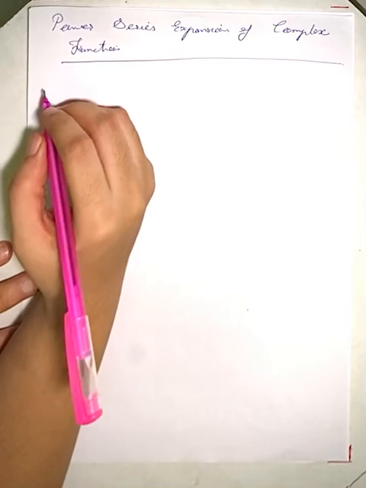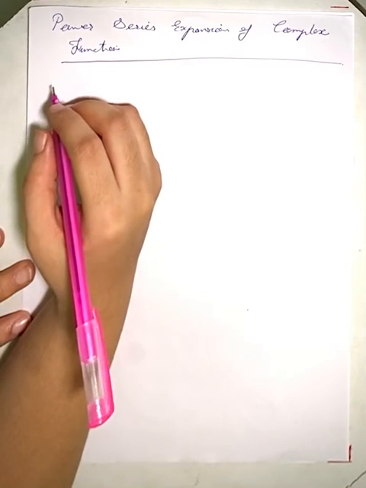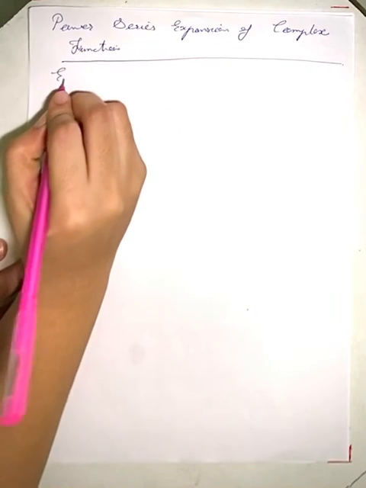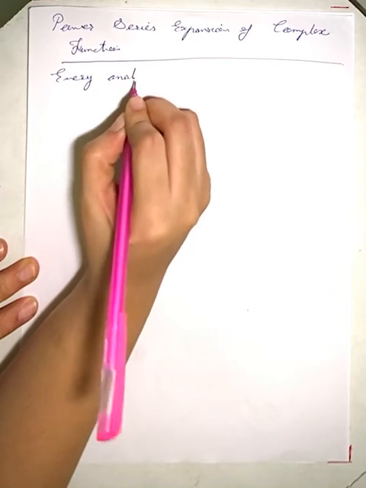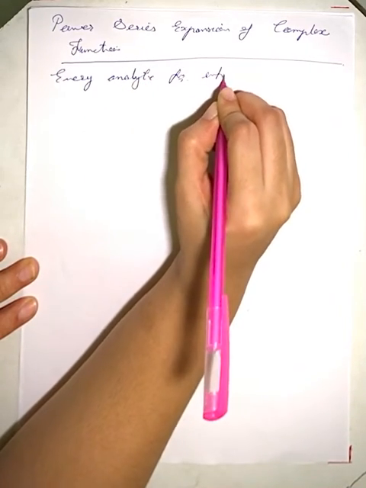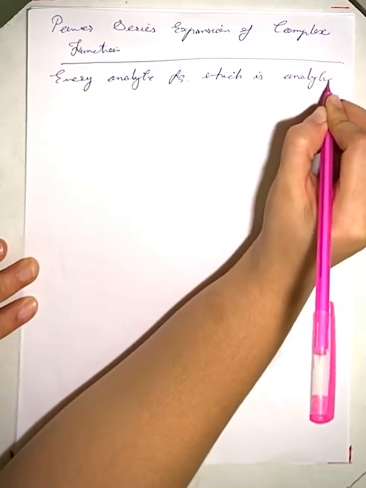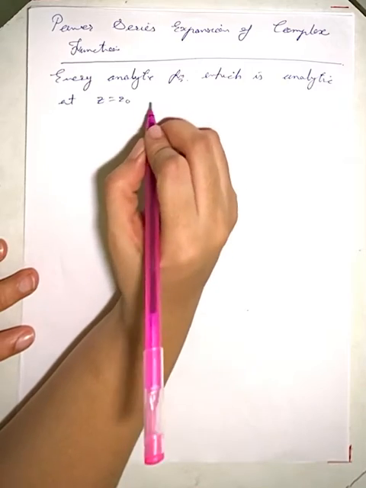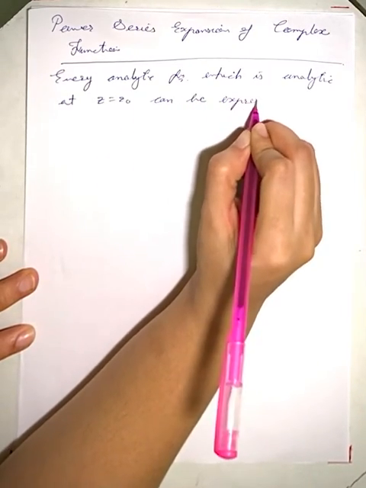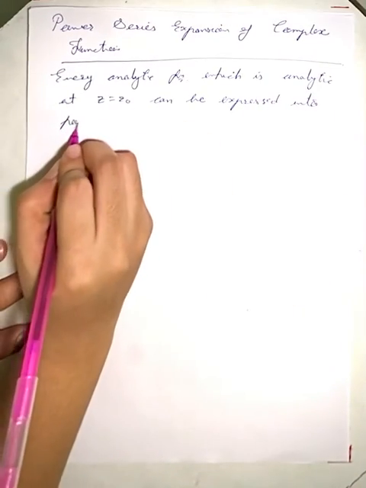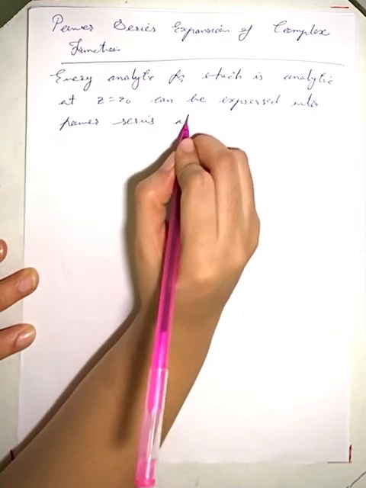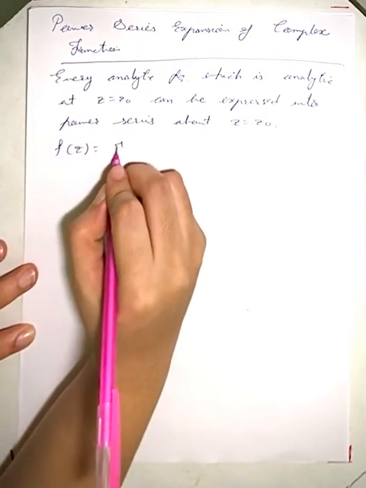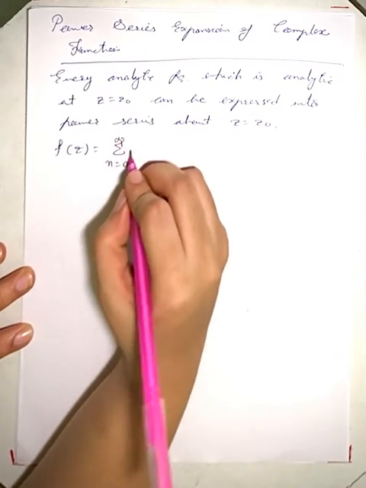So the definition of the power series is that every analytic function which is analytic at z equals z0 can be expressed in terms of a power series about z equals z0, and the structure of such a power series is given by the sum from n equals 0 to infinity of a_n.